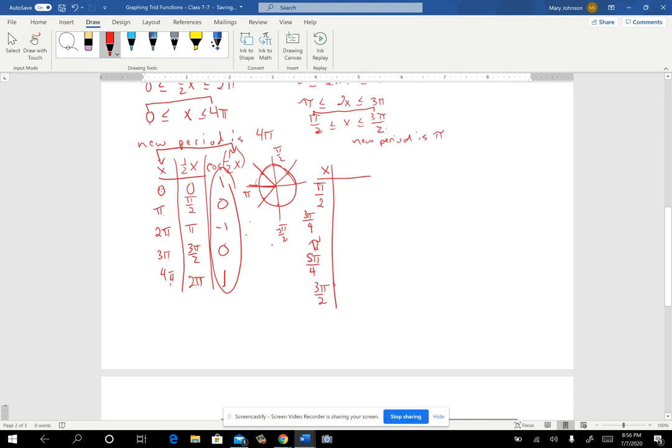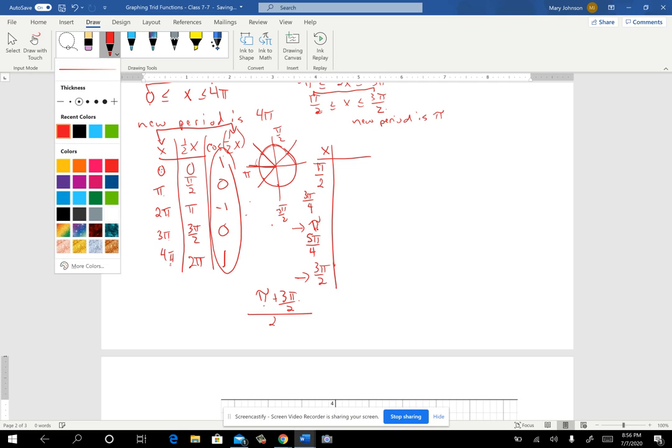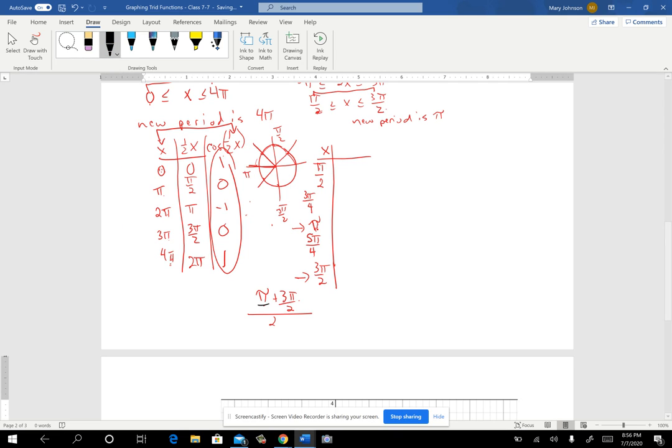All right, now sometimes it's not so easy. We don't get things that wind up hitting at set values, and you've got a little more thinking and algebra to do. Let me just show you on one of these. If you're trying to find the halfway spot between two things, that's finding the midpoint. So you could take the pi plus the 3 pi over 2 and cut it in half. To be able to add those two things, you need common denominators.